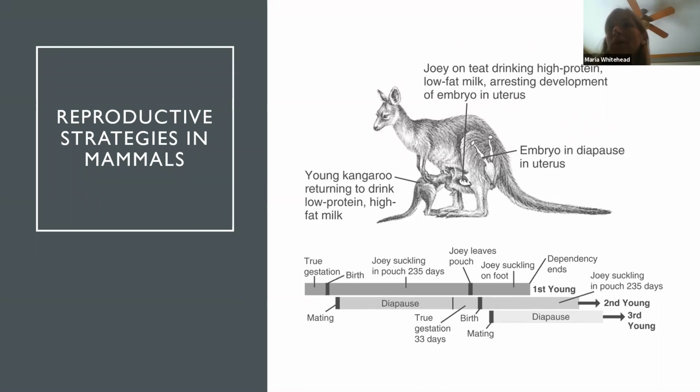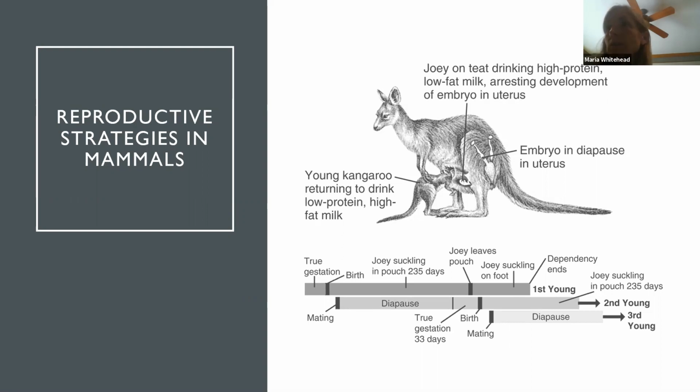So all other mammal species are viviparous. They produce young that are attached to a placenta by means of an umbilical cord. Gas exchange, nutrient supply, and waste removal all occur through that placenta.